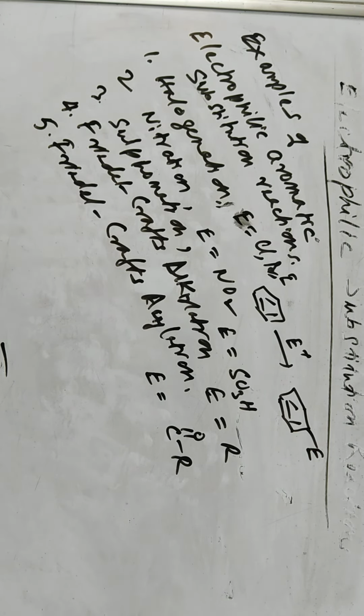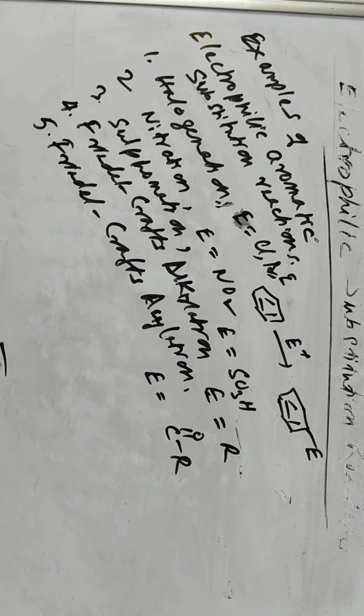Electrophilic substitution reactions are those where a group is attacked by an electrophile and the leaving group departs, giving a product. Electrophiles can be positively charged species like nitronium ion, bromonium ion, chloronium ion, alkyl and acyl cations.